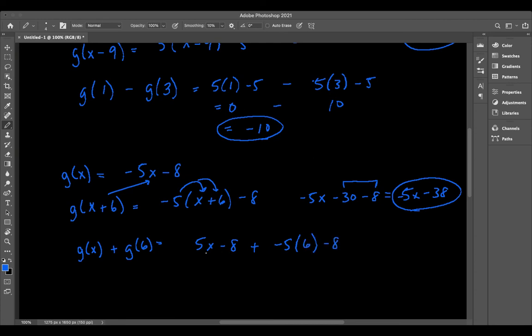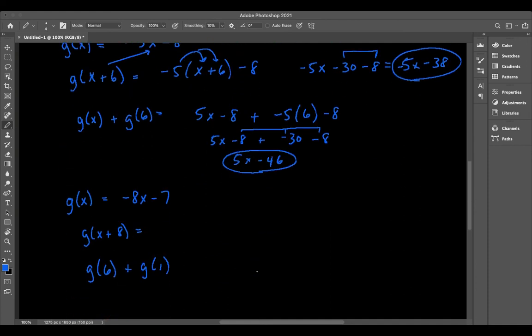If I do the math out, I'm going to have 5x plus negative 30 minus 8. Then I just do my math out and combine the like terms. So again, 5x, then I have negative 8 plus negative 30 is negative 38, minus another 8 is negative 46. And that will be my answer to the question, 5x minus 46. That's all you would have to do, guys. Just keep plugging the values in and combine like terms.